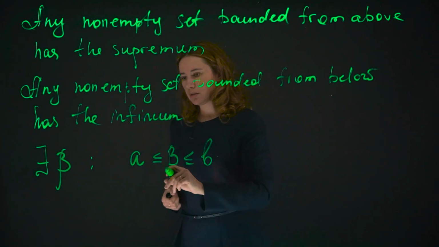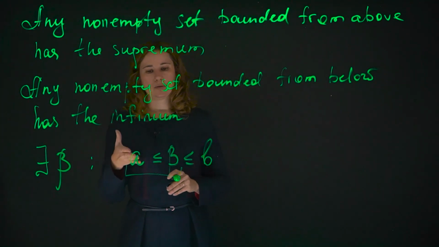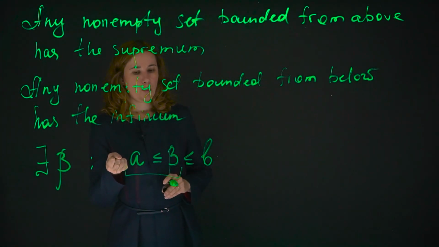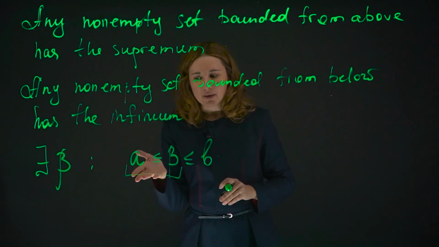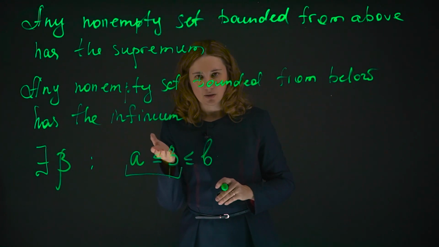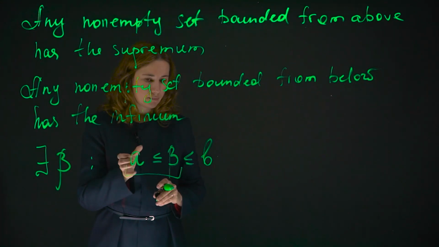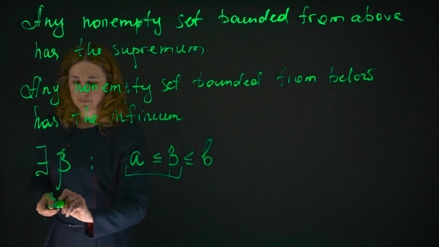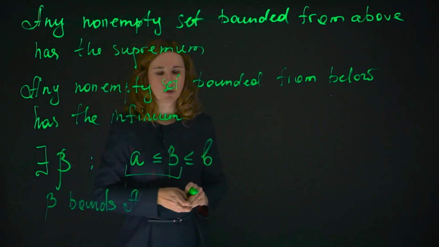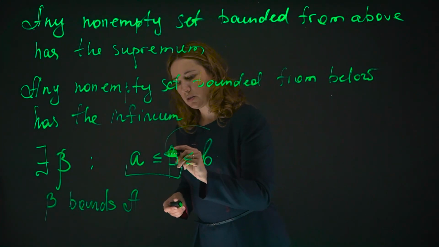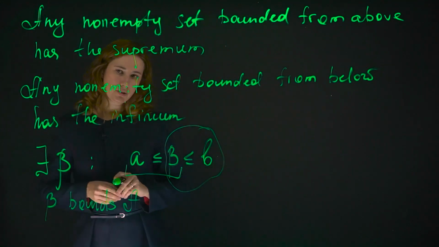Well, now let's consider this part of this double inequality. A is less than or equal to beta. This implies that beta is a number that bounds our set A. Now, let's consider this part of the written inequality.